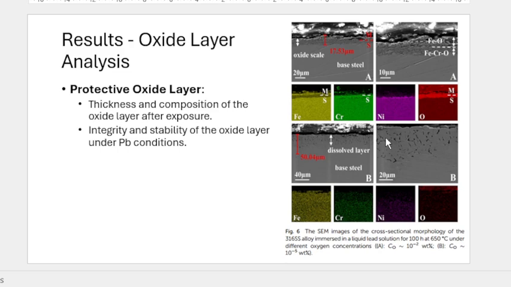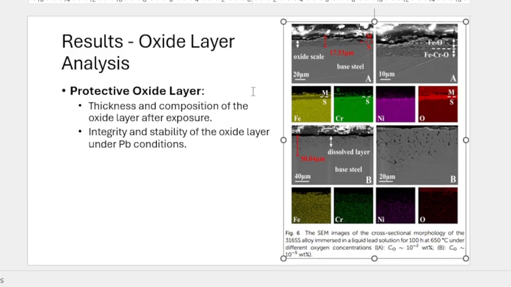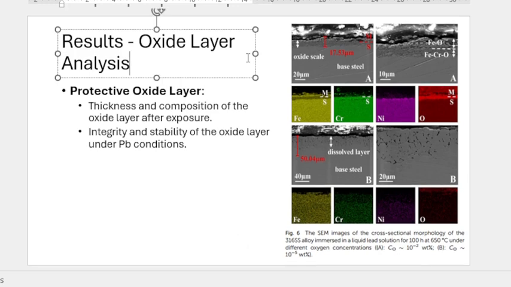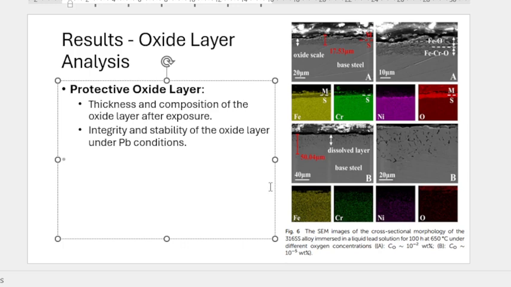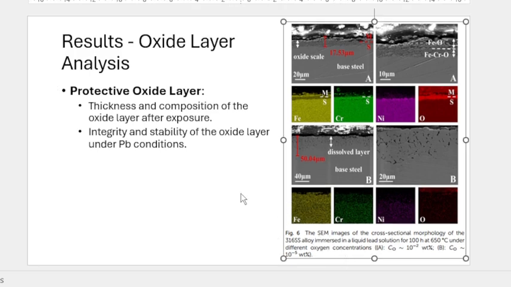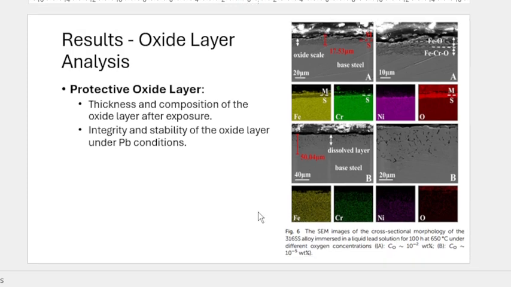As for the oxide layer analysis, we have the A material in the condition of 10 to minus 2 weight percent, and B 10 to minus 5. You can see here that this is for the A materials.